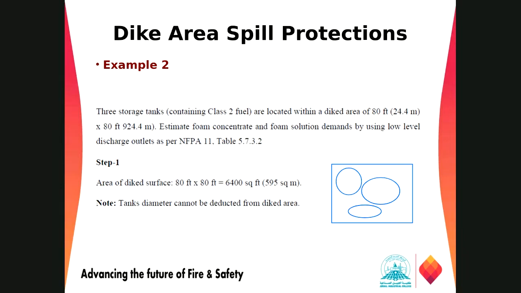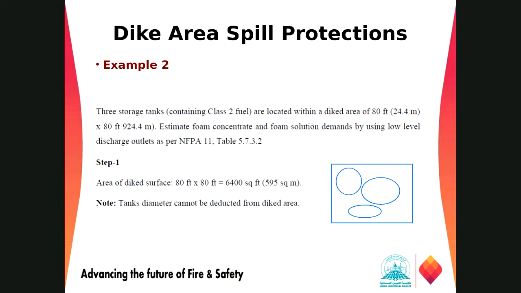The dike area is 80 feet by 80 feet. So it is a square area of 80 feet by 80 feet, which is a total of around 6,400 square feet, something around 595 square meters. So we need to calculate the foam requirement for the dike area. Keep in mind, we don't have to deduct the tank areas.